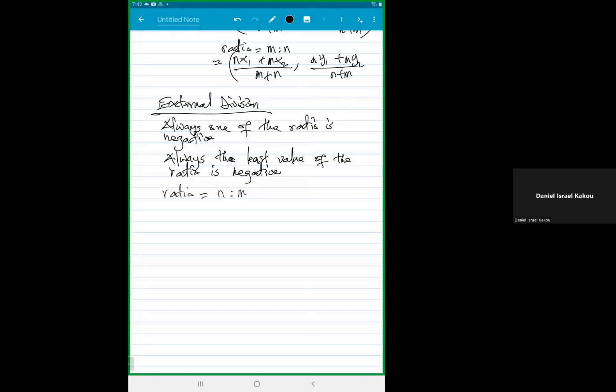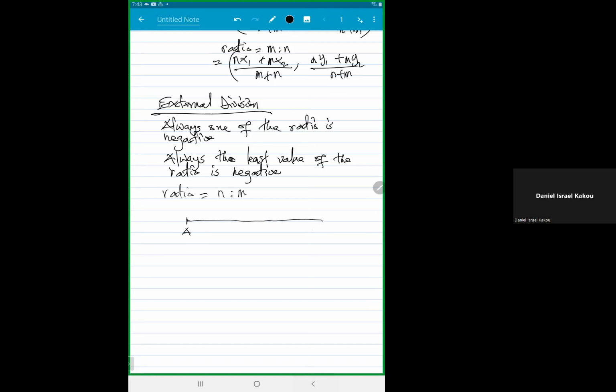Saying that the least value is negative means, if we go to the diagram, that the shortest division, or the first point closer to the division point, is actually going to be the one with the least ratio.